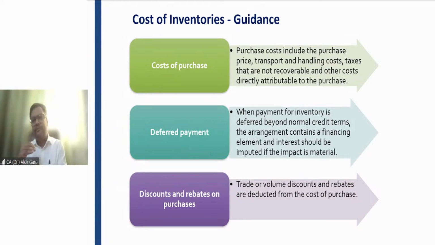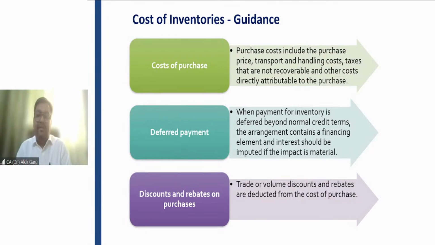So when you are buying goods from China, of course that purchase price is there, that is your cost. Then you are getting this raw material from China to India. There is a freight cost, a carriage inward, a transportation cost, a handling cost. It also forms part of your cost of purchase.